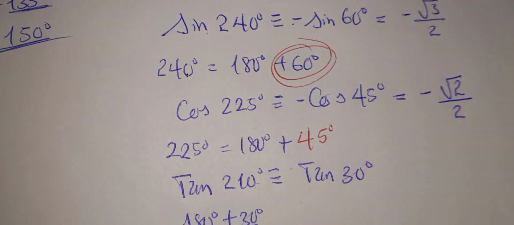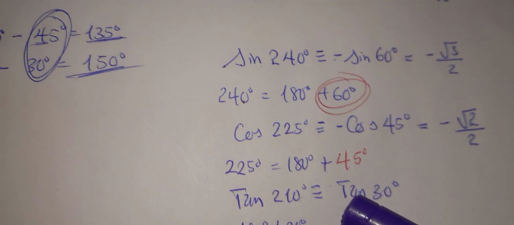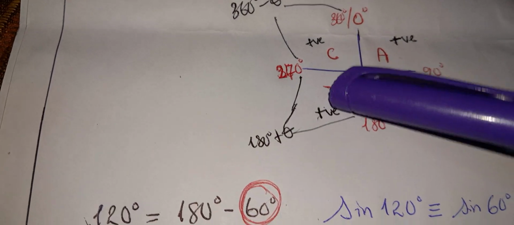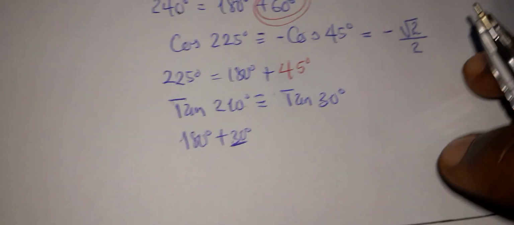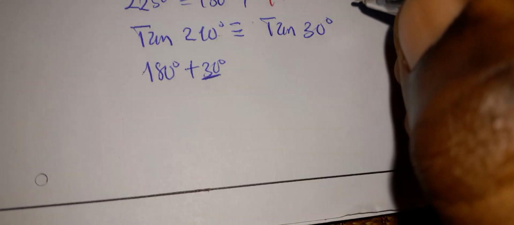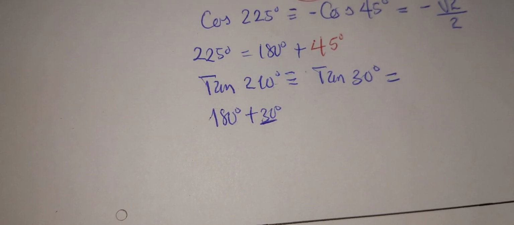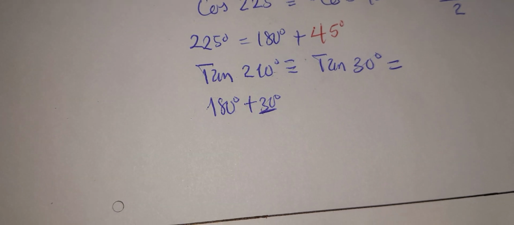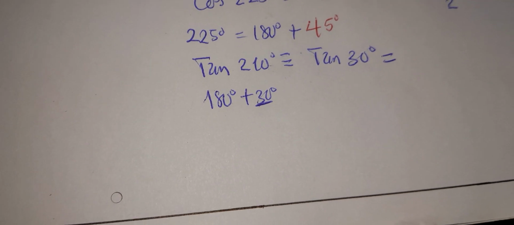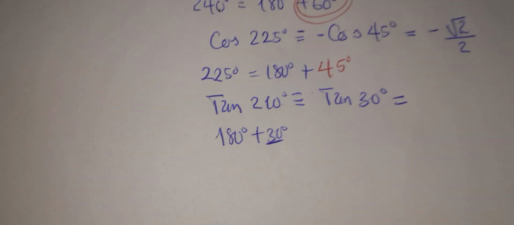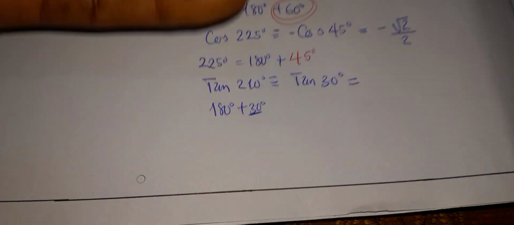The question is, is it positive or negative? We're going to go to our chart here and say that tan here is positive. So it has to be positive. The question is, what is tan 30?